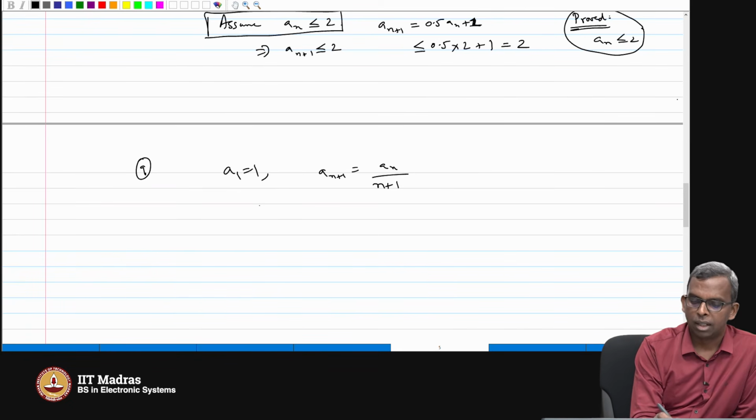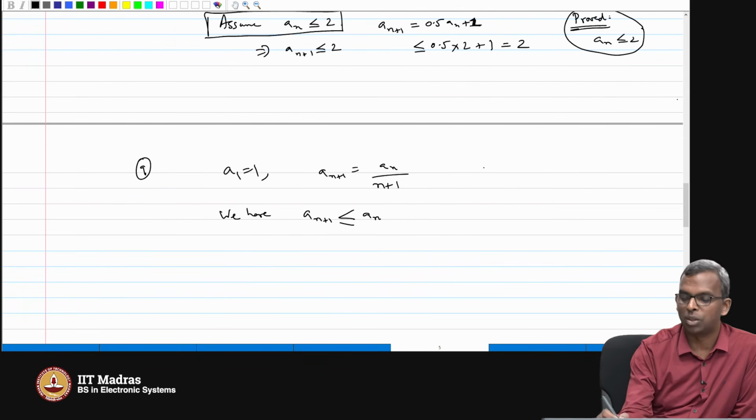You can show that a(n+1) is less than or equal to an. You can compute a few values. I'm not bothering to compute. A2 is 1 by 2, A3 is 1 by 2 by 3, which is 1 by 6, etc. So, it seems to be monotonically decreasing.